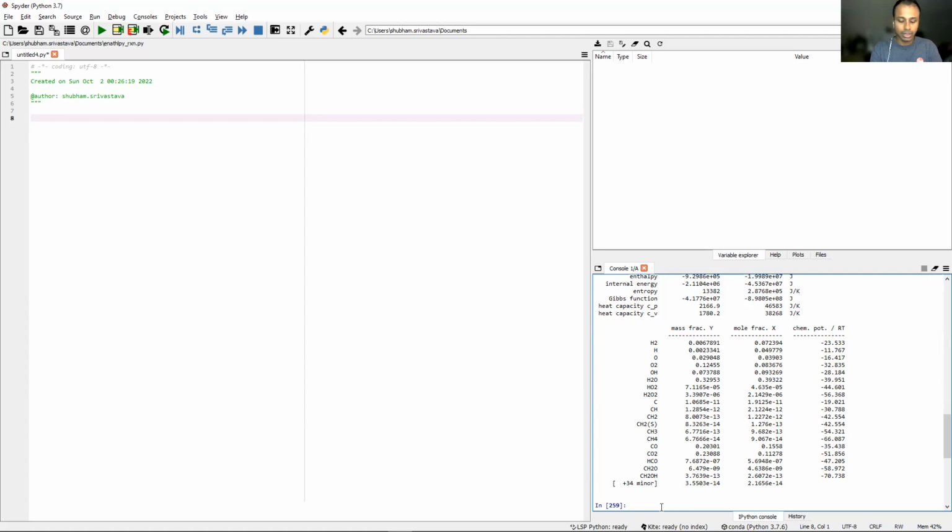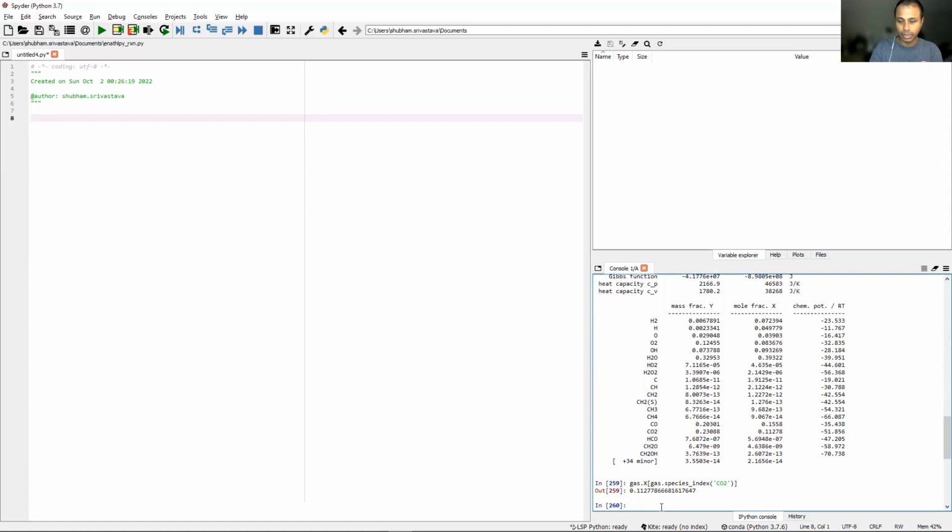So all you do is, and we've discussed this before, you write gas.X, which is for mole fraction, gas.species_index CO2. So this is the mole fraction of carbon dioxide in this system after it has reacted all the way to equilibrium.